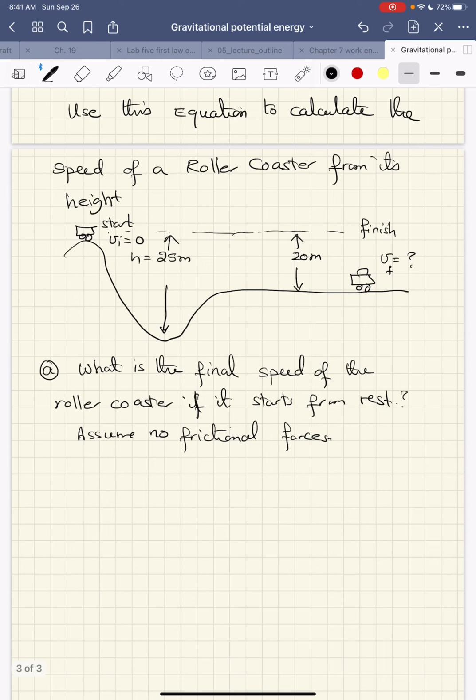Whenever we do these energy conservation solutions, we need to consider initial and final, your initial point and your final point.